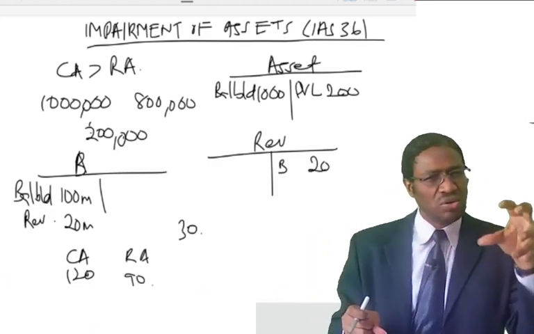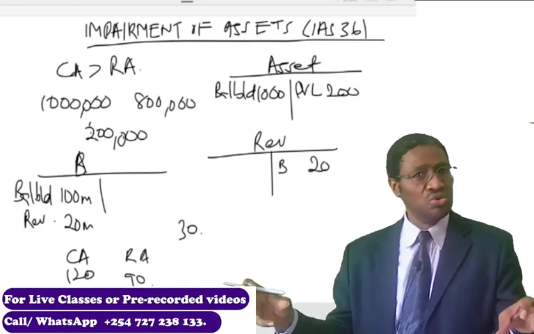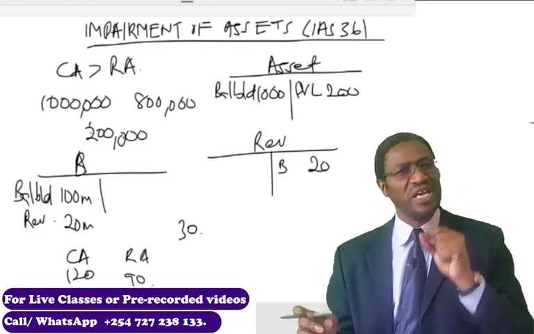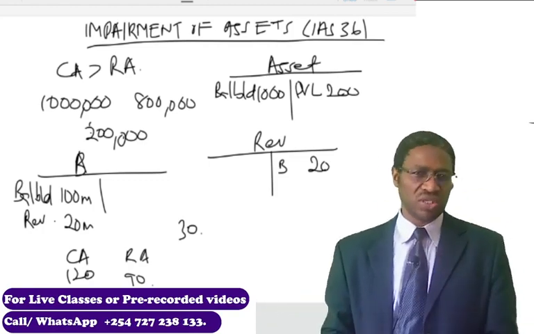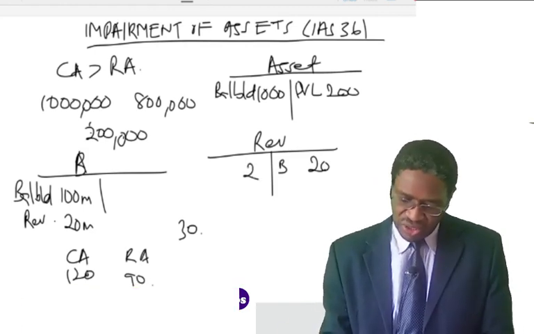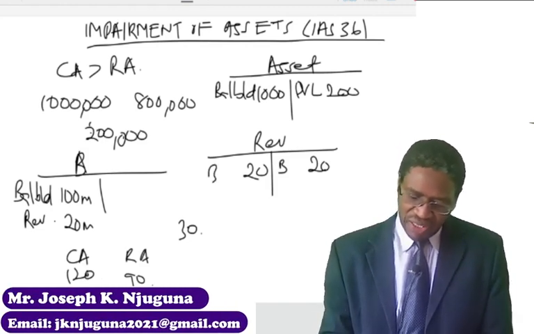An asset cannot suffer at the same time it has a reserve balance. So first you reduce or eliminate that revaluation reserve. In other words, you debit the revaluation by that 20 million and you credit asset B by that 20 million.